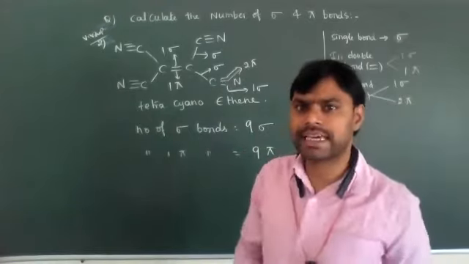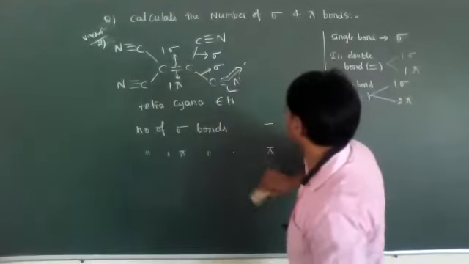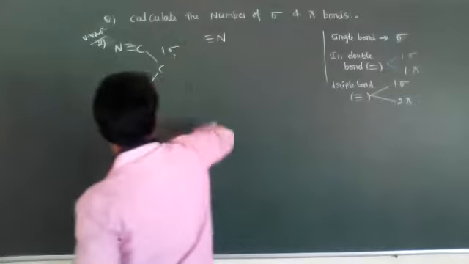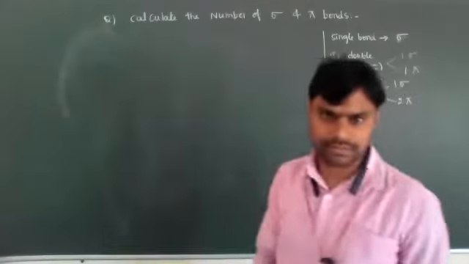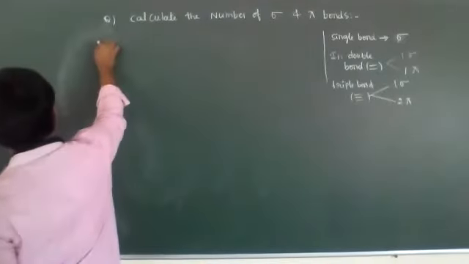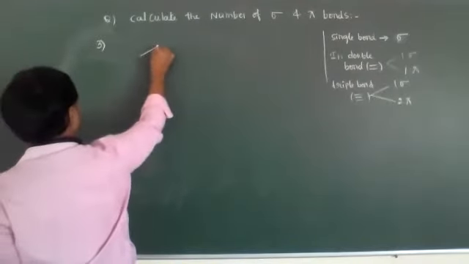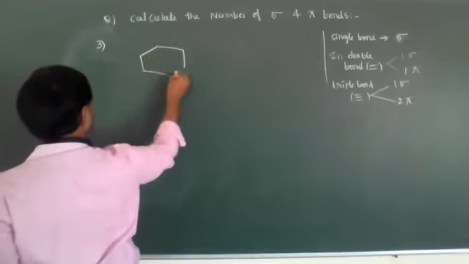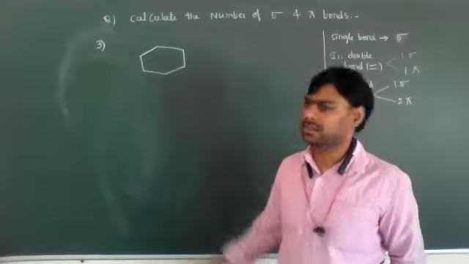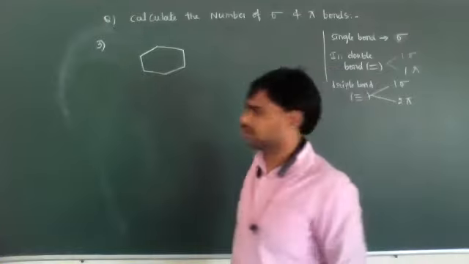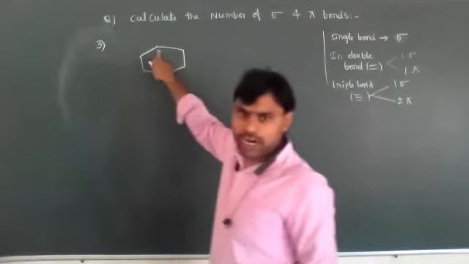Now I will give you cyclic compounds. Examples. This is cyclohexane, a 6-member cyclic ring. This is the bond line structure.